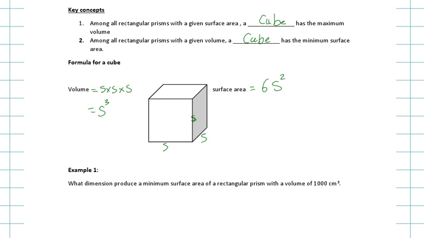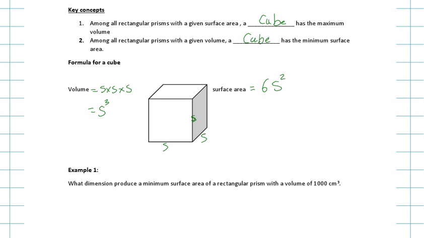So when would H become a factor? If there were different lengths. If it's not a cube. In the case of a cube, all side lengths are the same. Same as a square. Okay.